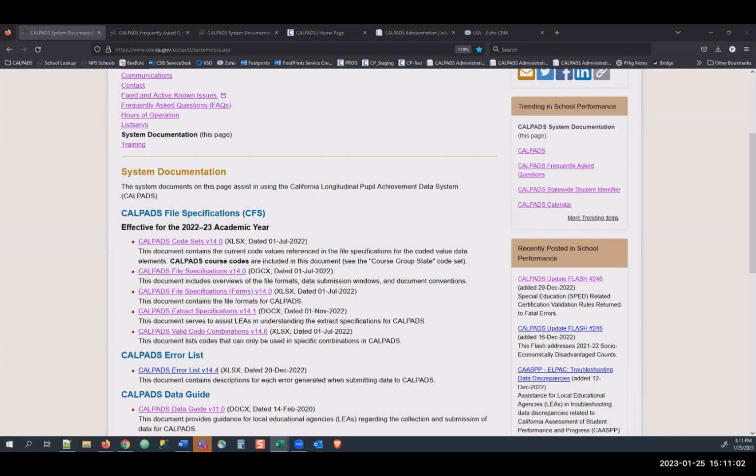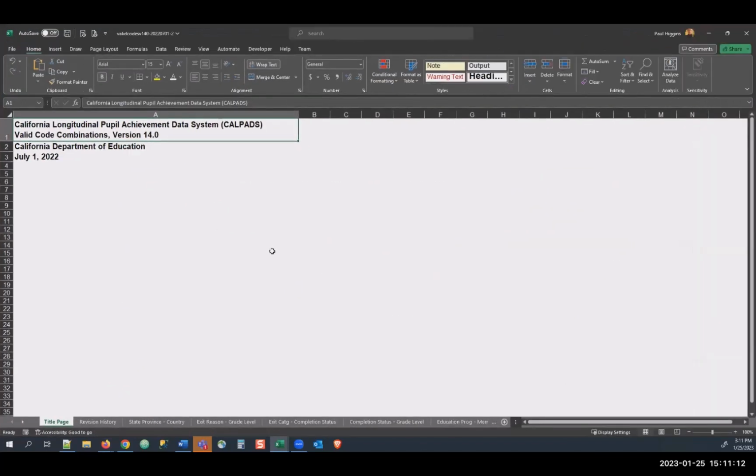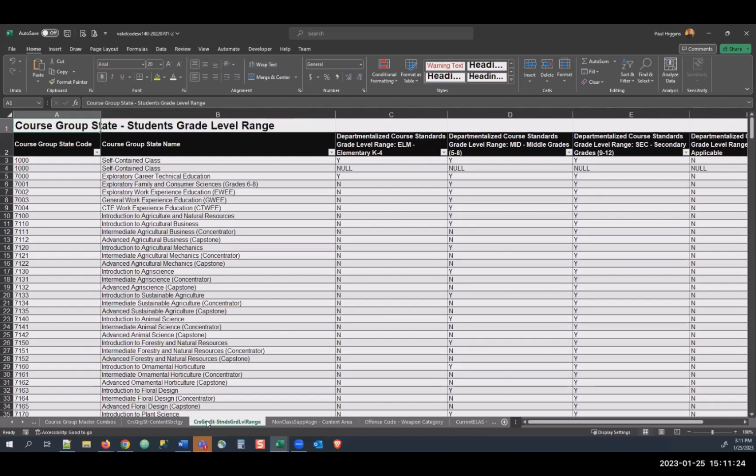Question from Carmen. Assuming that the CALPADS valid code combinations course group standard grade level range tab says Y in the departmentalized course standard grade level range middle grades 5 through 8 column, can we use a CTE course, ergo 8100, for a 5th grade, even though we do not have a pathway for that industry?